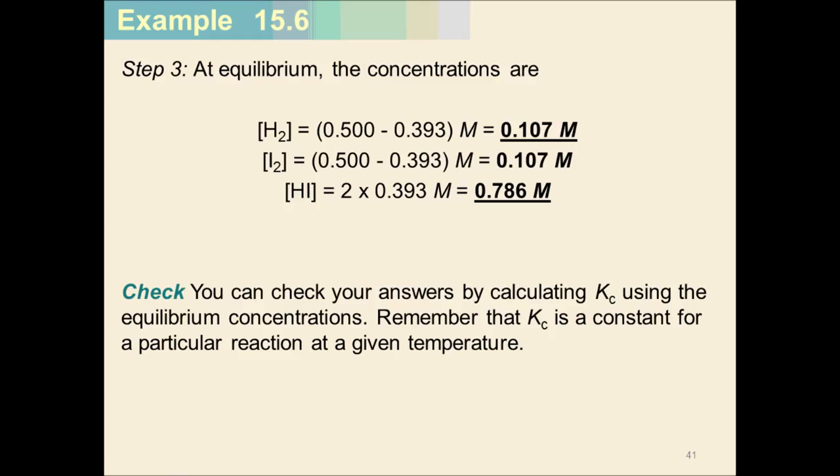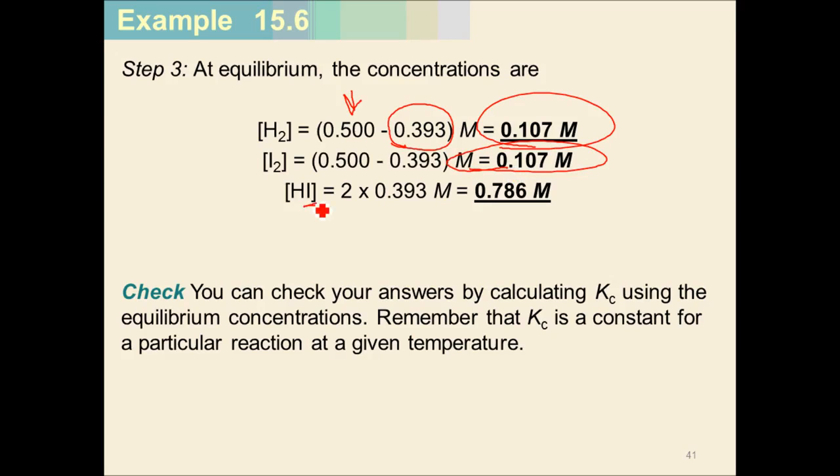On slide 41, step 3, at equilibrium, the concentrations are, we just solved for X, 0.393. So what's hydrogen? We said it was 0.5 minus X, so 0.5 minus 0.393 is 0.107. Iodine should be the same concentration, 0.107.